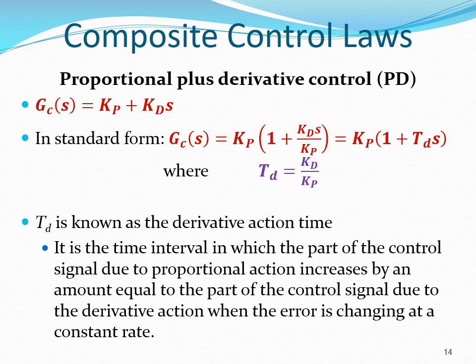This is equivalent to Kp(1 + Td s), where Td equals Kd over Kp. Td is known as the derivative action time. Again, I will task you to go and find out why it is called the derivative action time.